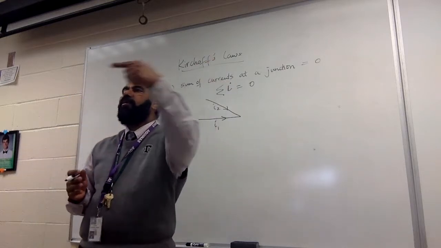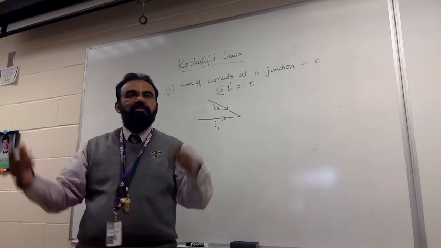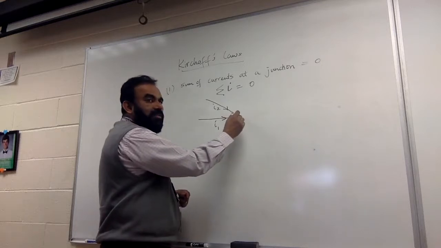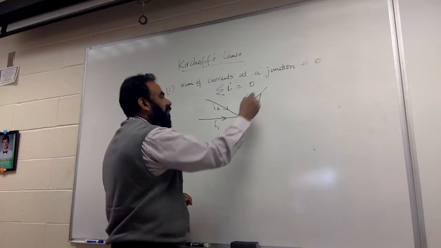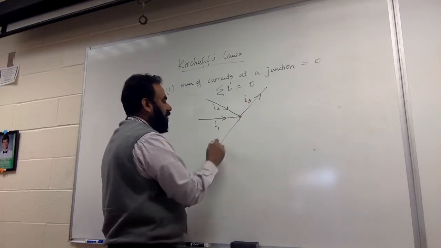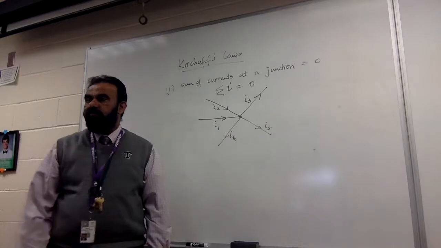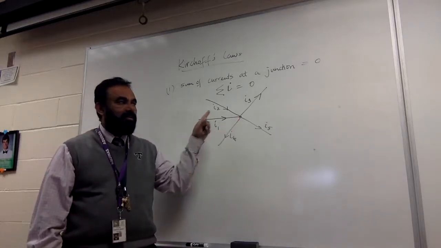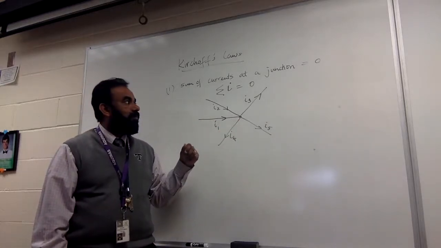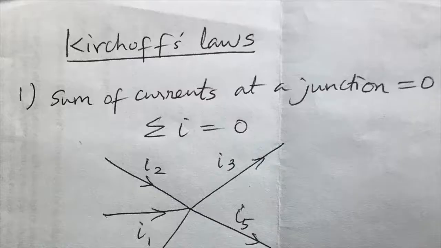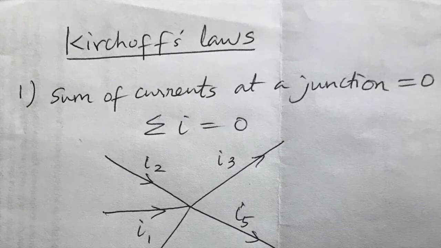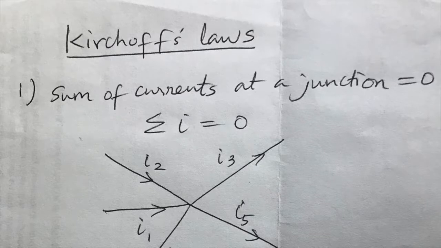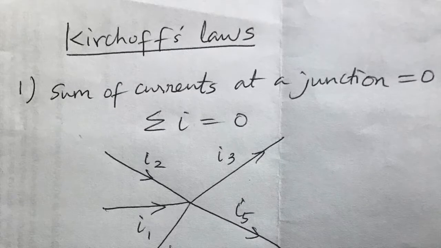Like two roads coming from here and from there, and they're coming to this junction, and some of this traffic goes here, that's I3, and some goes here, that's I4. So this is a junction point. Does little i have any meaning over the capital I? It's the same thing. So you can see that some are coming in, some are going out, right? Tell me the total traffic at the junction.